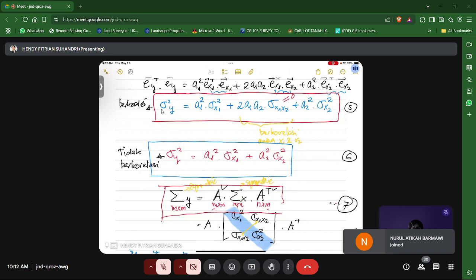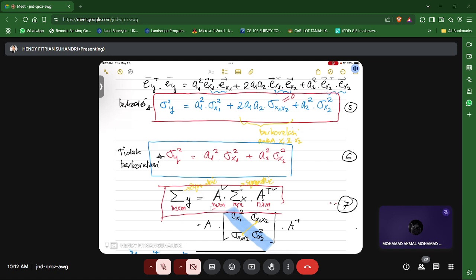So if they are correlated, we say that they have covariance or correlation between these variables, let's say here x1 and x2 in this case. If we have no correlation between these variables, then we have equation 6.